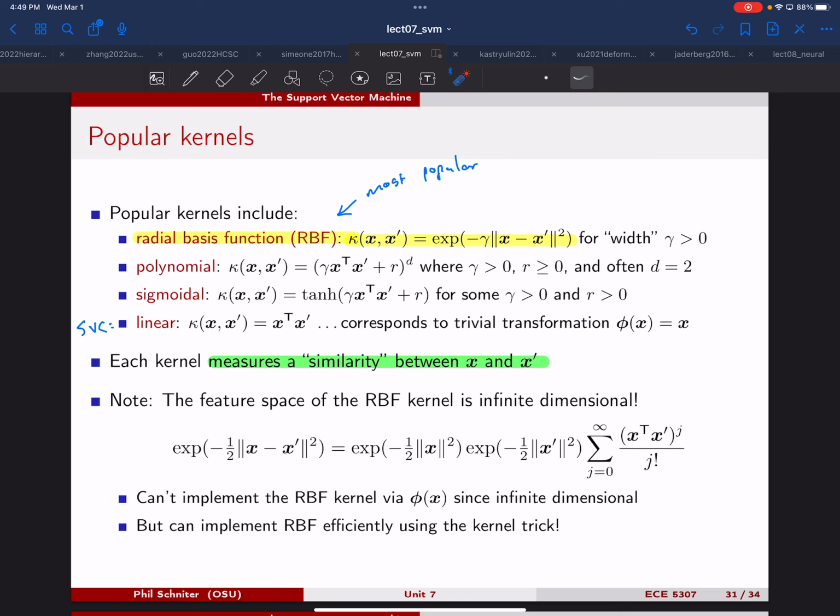And in the end, it's a way of establishing what's called a local neighborhood around a point. If x and x prime are close enough, the kernel gives you reasonable values. And as soon as it's beyond a certain distance away, a certain ball width away, then the kernel is tiny.